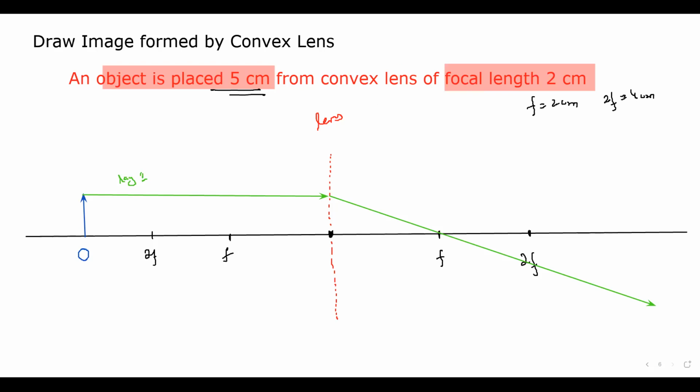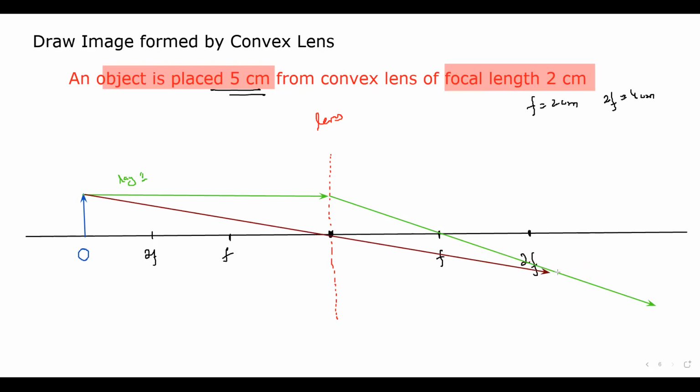Then draw ray 2. For ray 2, from the tip of the object, draw ray 2 to the center of the lens, and whenever a ray is passing through the center of the lens, it will pass straight.